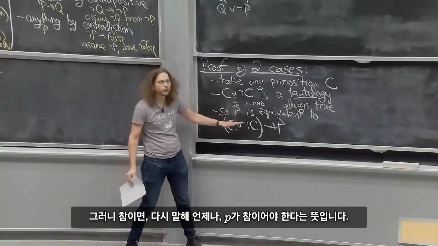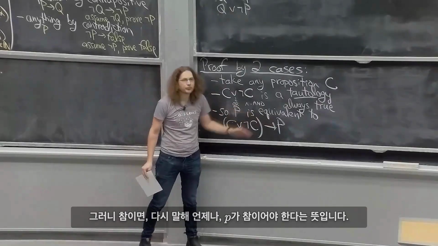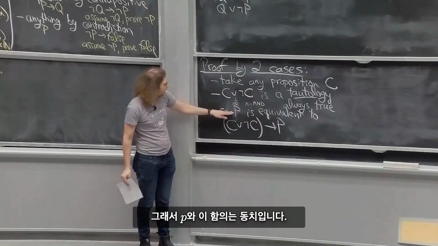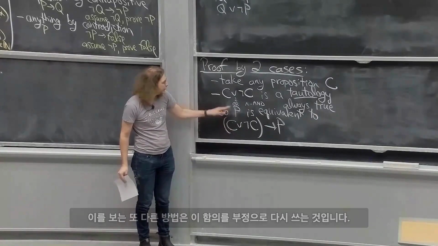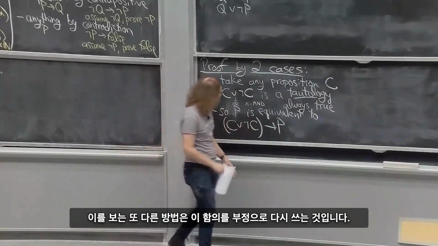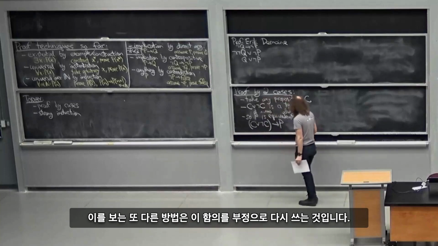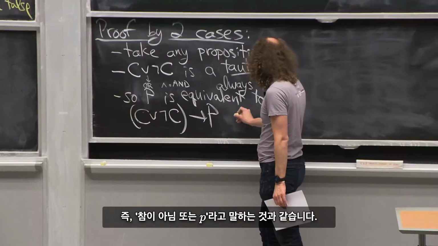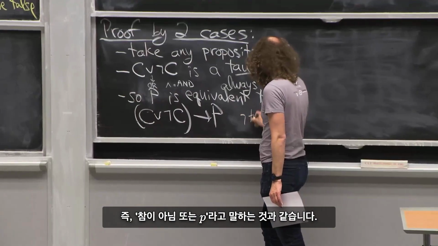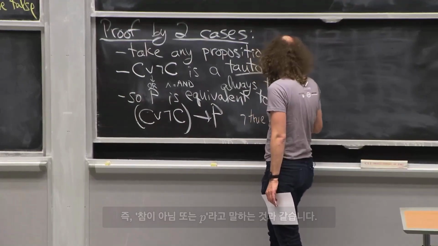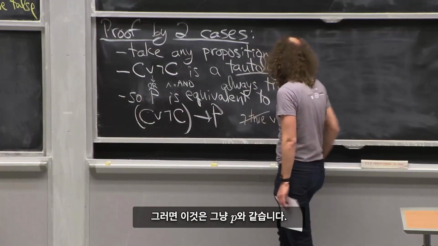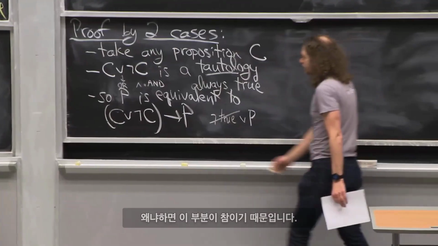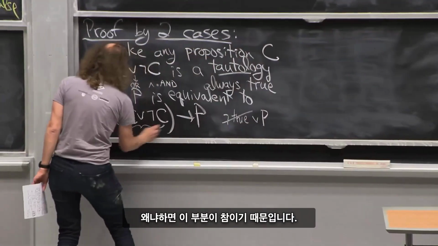So this is saying if true, in other words, always, P better be true. So P and this implication are equivalent. Another way to see that is to rewrite this implication as a negation. So this is like saying not true or P. And so that's just the same thing as P, because this is true.